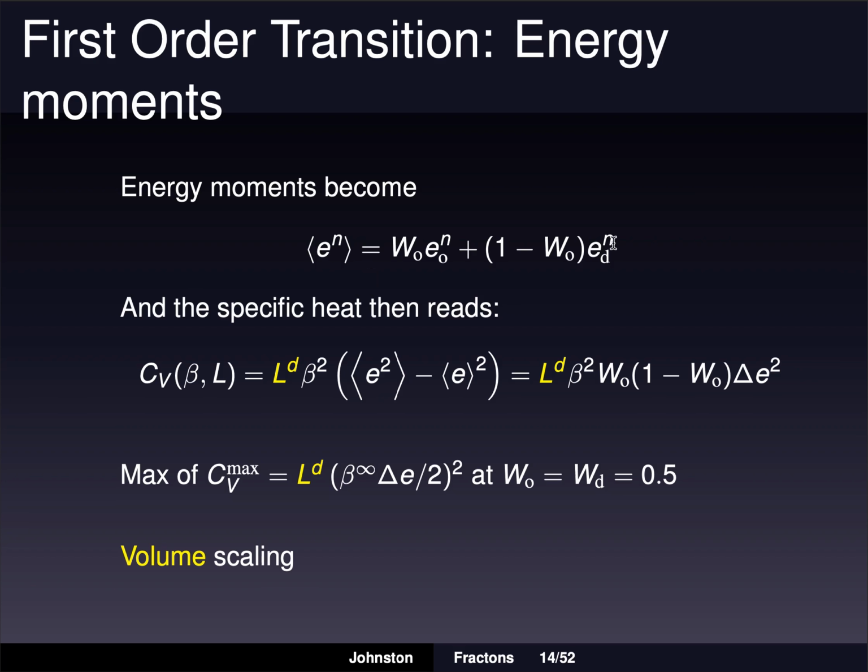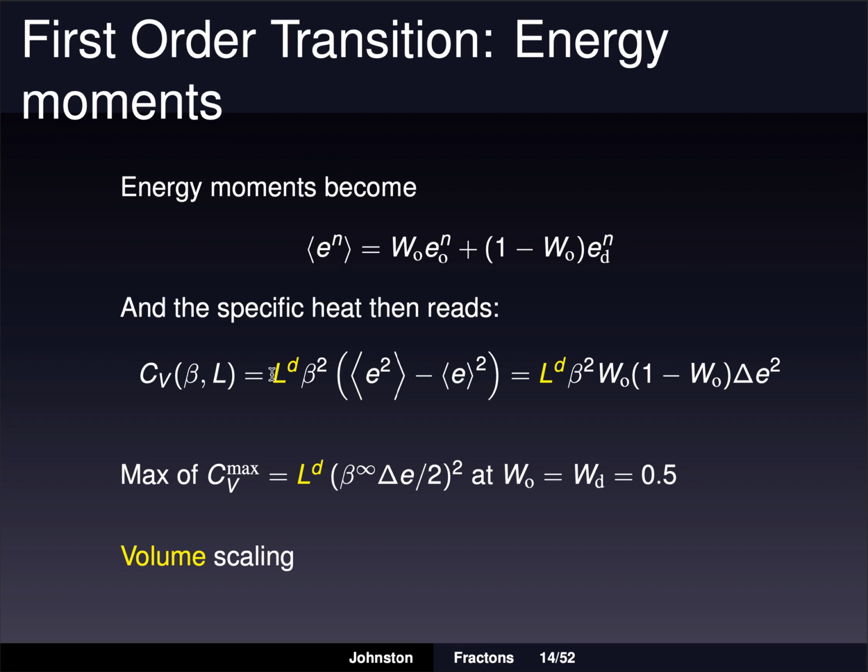And if I've got the energy moments, I can calculate things like the specific heat. So the little e's here, remember, are per site quantities. I calculate a per site variance in the energy, which gives me the specific heat. There's a factor of beta squared by definition in front of it.